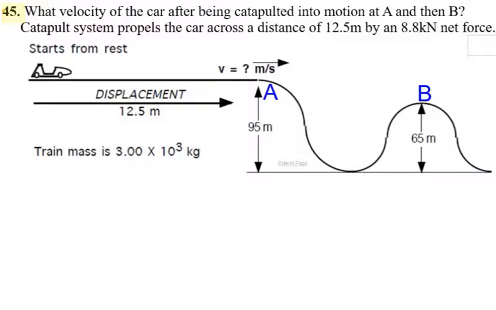So the information that is given: the distance is 12.5 meters, the net force is 8.8 kilonewtons, and the initial velocity is 0 meters per second. It starts from rest.